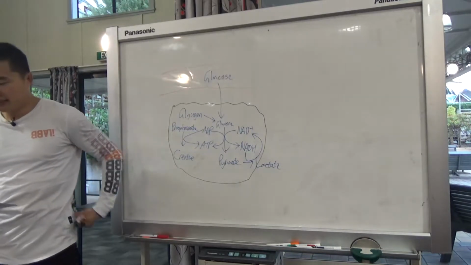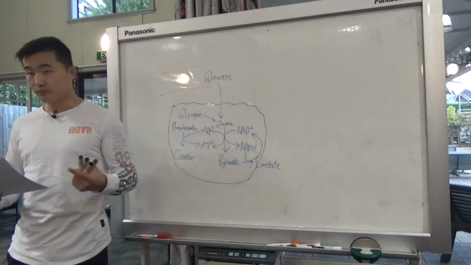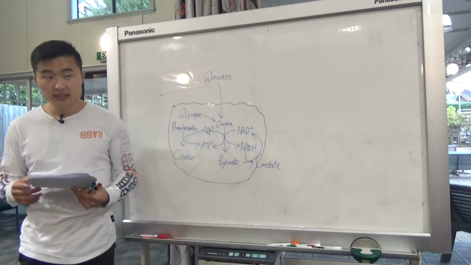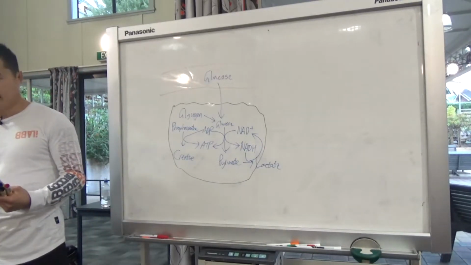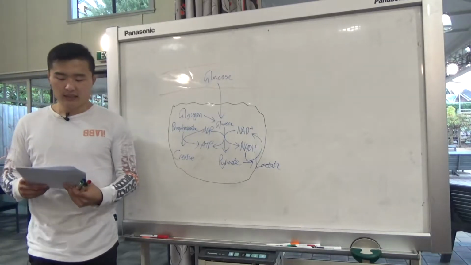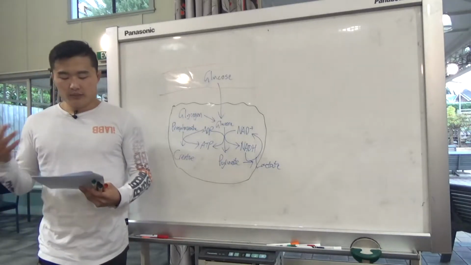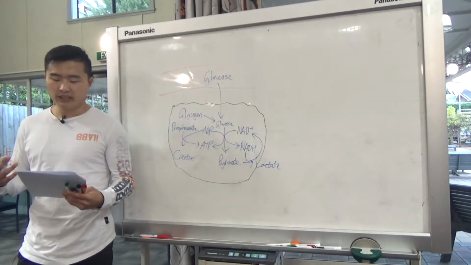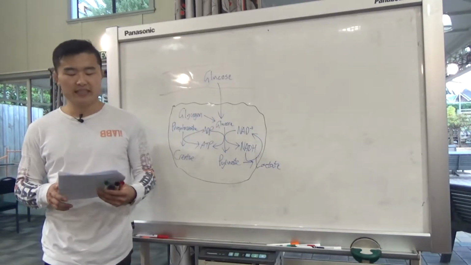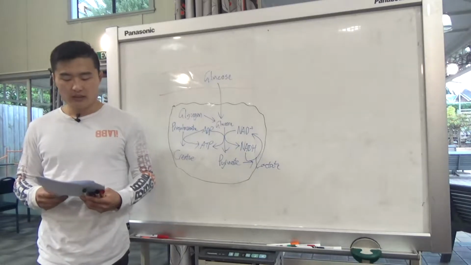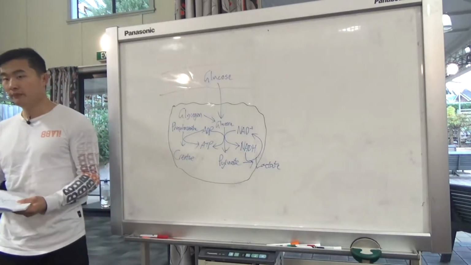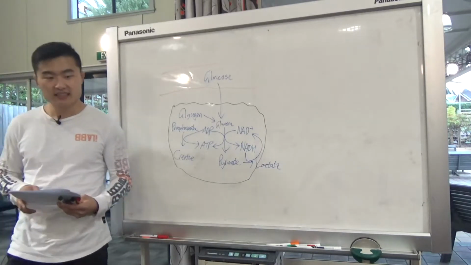So the metabolic pathways involved are beta oxidation, the citric acid cycle, and the electron transport chain. There will be a little bit of anaerobic respiration contributing energy as well, especially at the start of exercise. And the energy is going to come mostly from fatty acids.